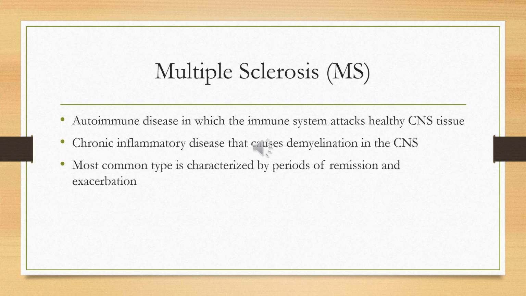Multiple sclerosis is a major cause of chronic disabilities in young adults. The cause is unknown, but it results from a progressive demyelination of the white matter of the brain and the spinal cord. It's characterized by periods of exacerbation and remission. The prognosis varies from patient to patient.